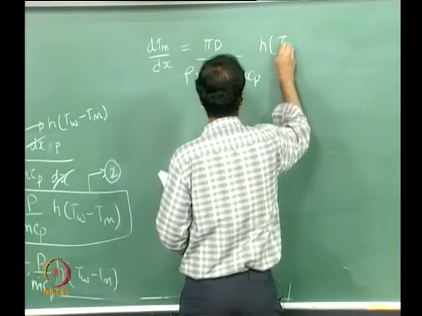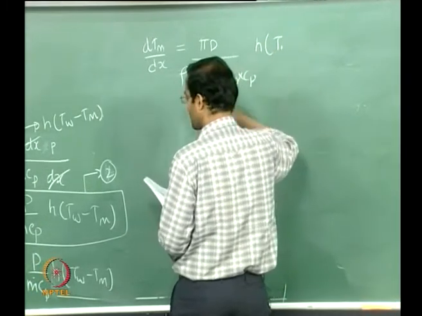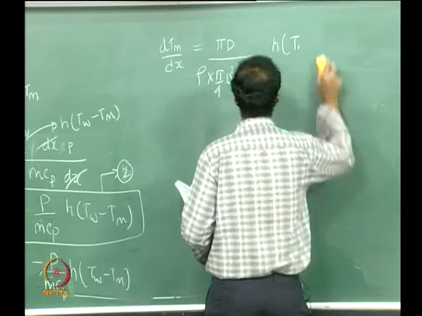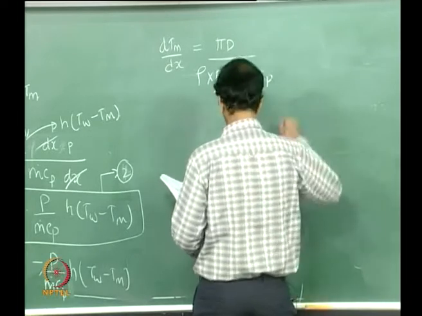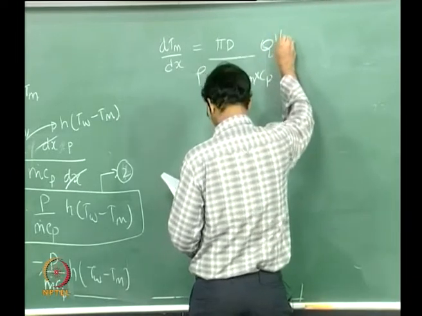Into H, T wall minus T mean, I can replace this by your heat flux q double prime.